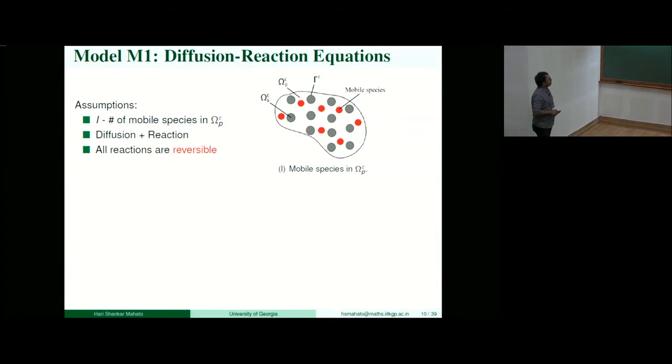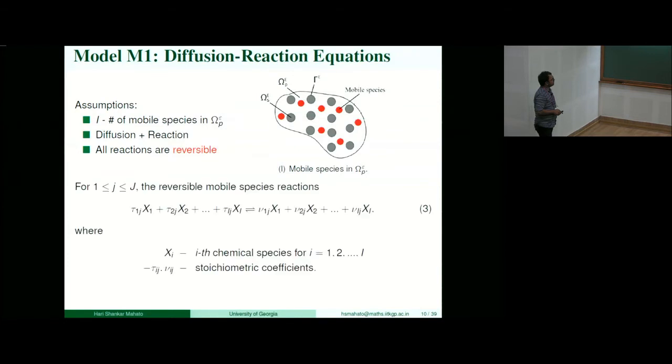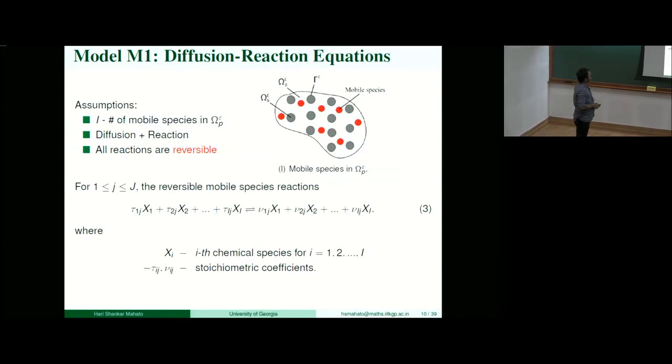All these mobile species go through diffusion and reaction processes, and all these reactions are assumed to be reversible. So for example, here, if X_i are your chemical species, then your jth reaction will look like this. Tau_ij and nu_ij are called the stoichiometric coefficients.